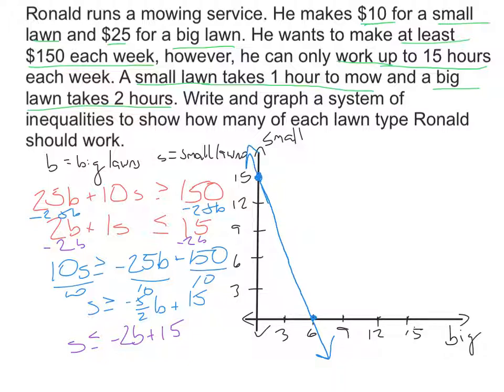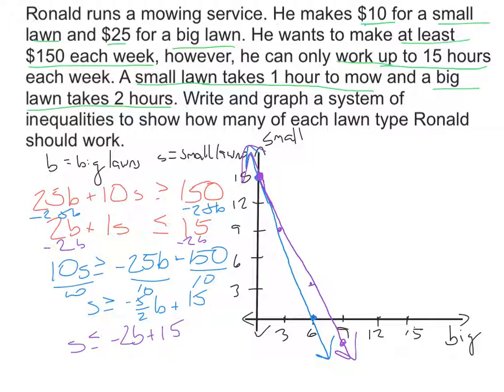And then for my purple inequality, we'll start at 15 again, and this time we're going to go down 2 over 1, down 2 over 1, and that would take me down here. And again, it is now less than or equal to, so this one is also solid.